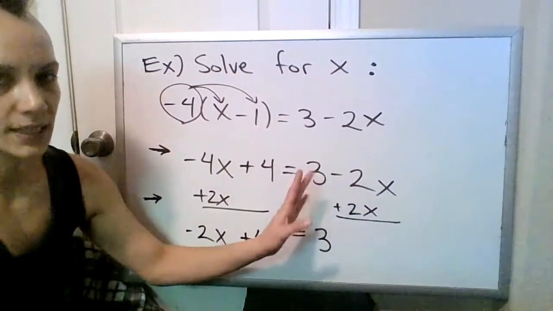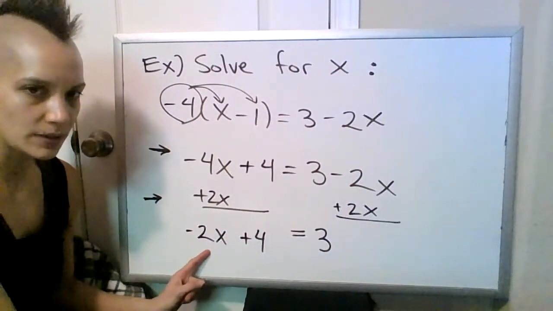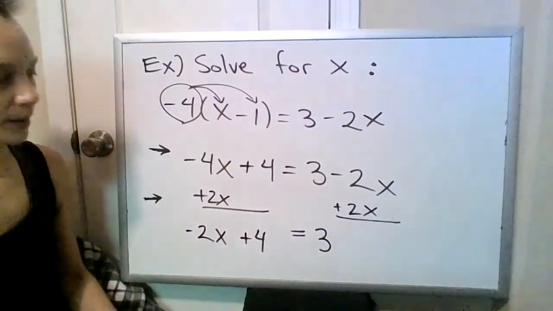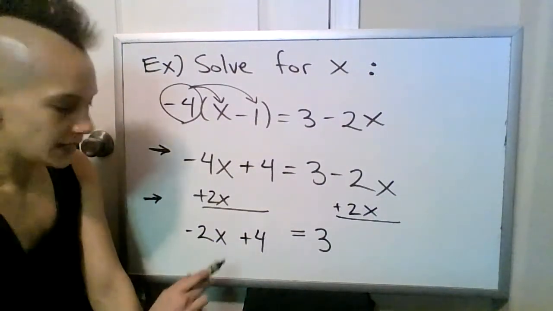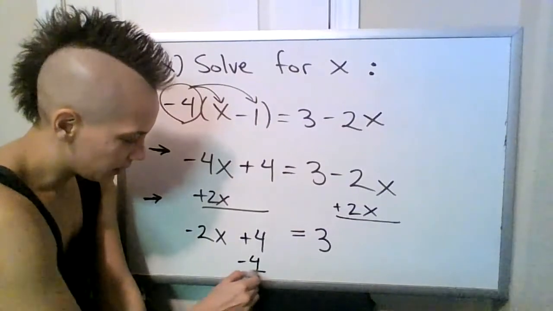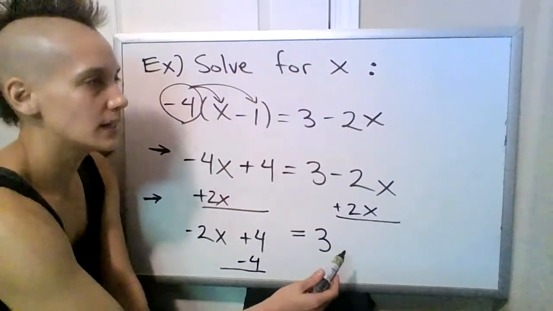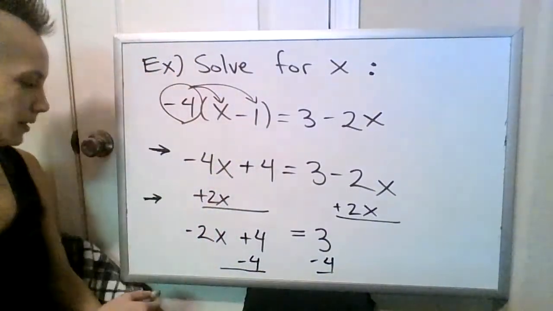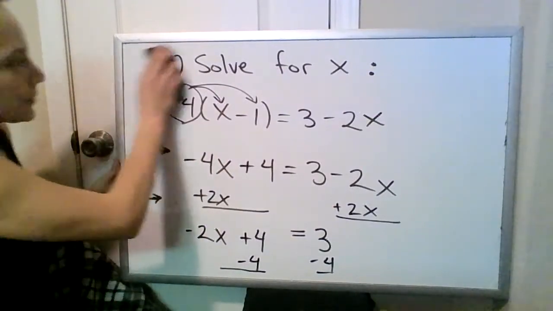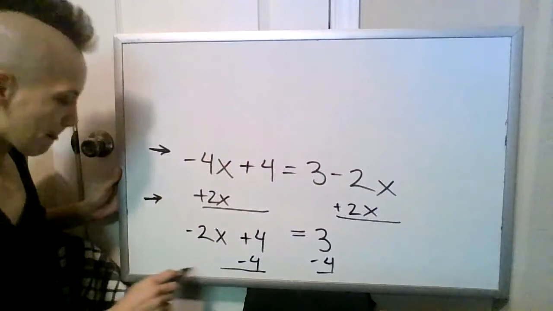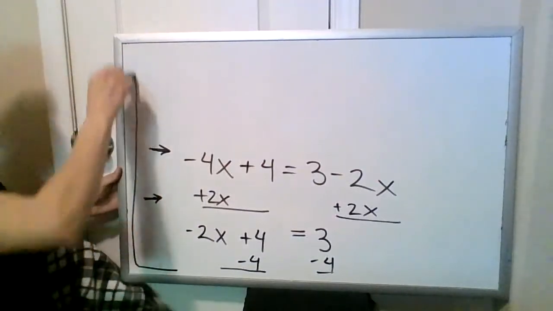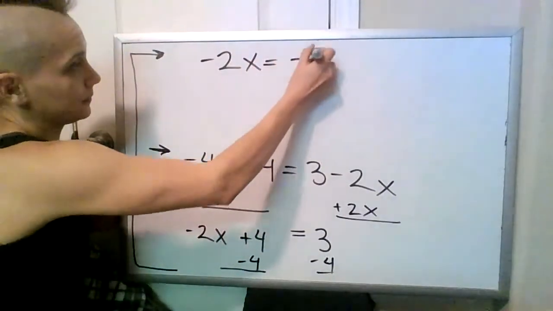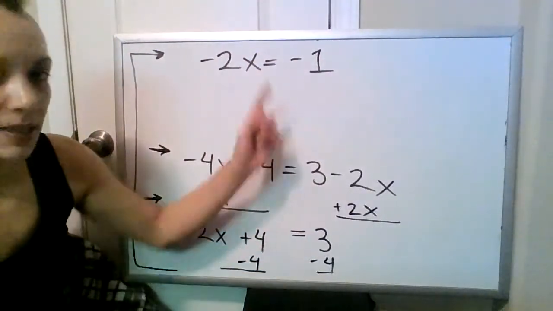The goal is to get the x values to one side. So I have x on this side over here. I'm going to get these numbers on the other side, over to the right, by subtracting 4. Again, you do it to each side of the equal sign so that the sides stay equal. So 3 minus 4 is -1.